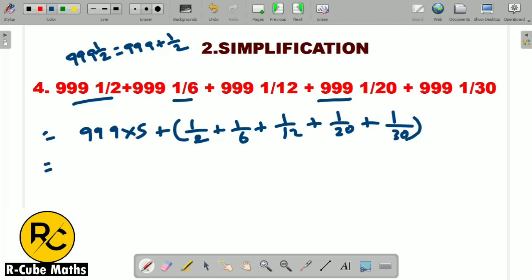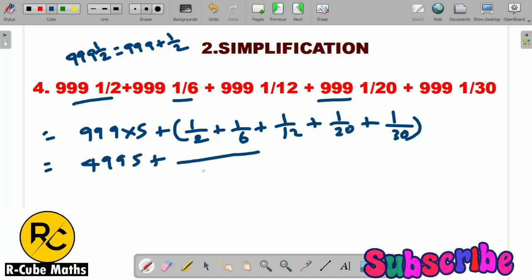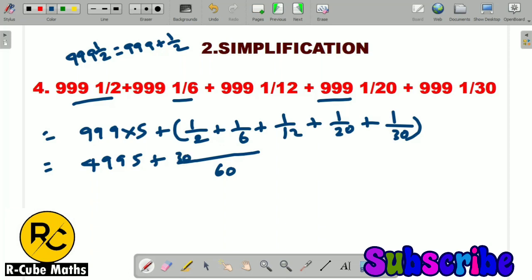So 999 into 5 can be written as 1000 minus 1, means 5000 minus 5, which is 4995, plus now the LCM of denominators. The LCM of denominators 2, 6, 12, 20 and 30 is 60. 2 divides 60 30 times, 6 divides 10 times, 12 divides 5 times, 20 divides 3 times, 30 divides 2 times.